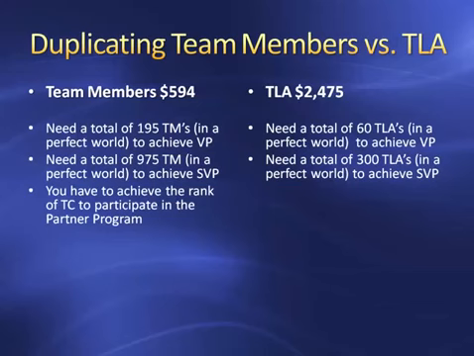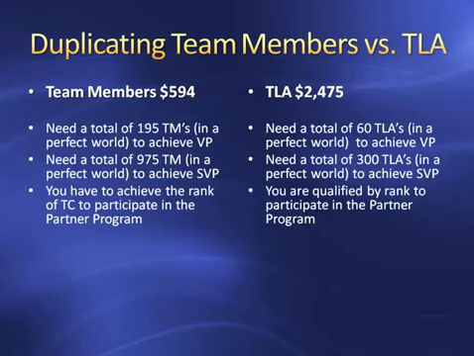Now, other advantages. You have to achieve the rank of team coordinator in order to participate in the partner program. This is where you get for-profit or non-profit organizations and businesses that hand out or sell memberships to all of their consumers or members. Now, you are qualified by rank to participate in the partner program right away if you started at TLA.